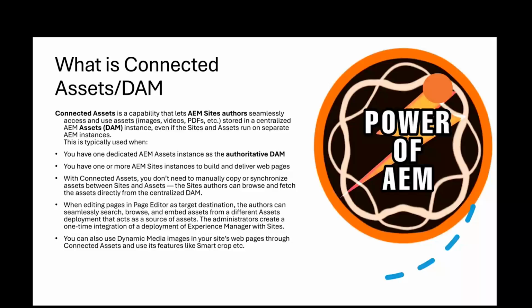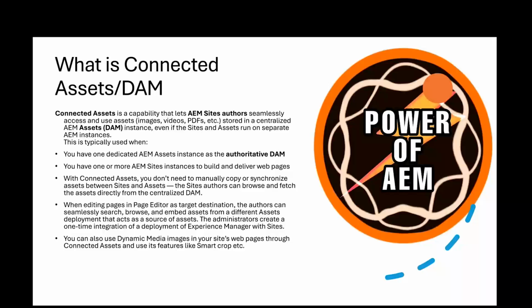In that scenario, we will have two different AEM servers. One is for assets, another is for sites. In terms of sites, we could have more than one AEM site instance. However, we should have a single asset instance.